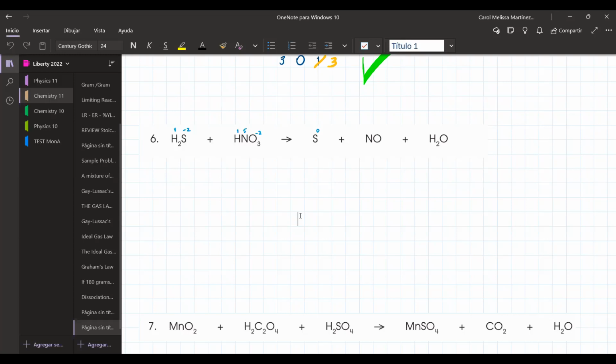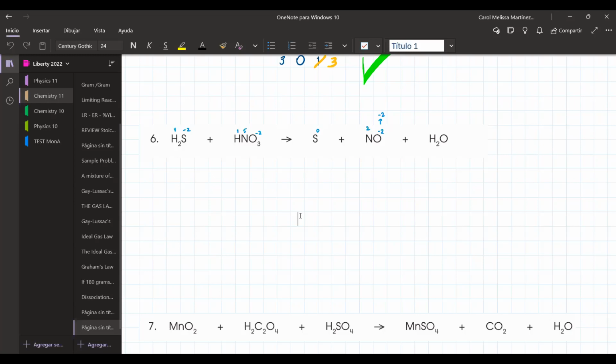The rule says that oxygen is -2 unless it is a peroxide, which it is not, or combined with fluorine, which is not the case either. So oxygen will be -2, and -2 times 1 gives you -2. And for this nitrogen to be balanced, nitrogen needs to be +2.